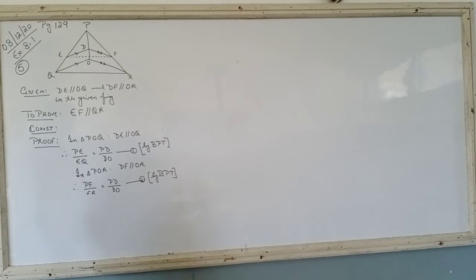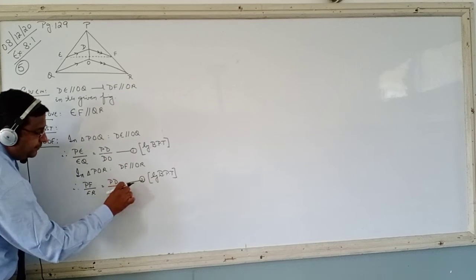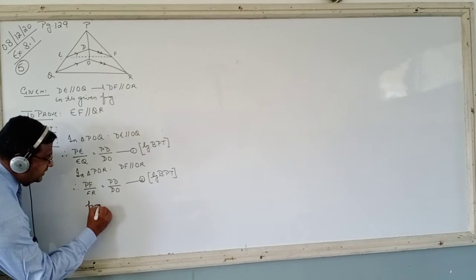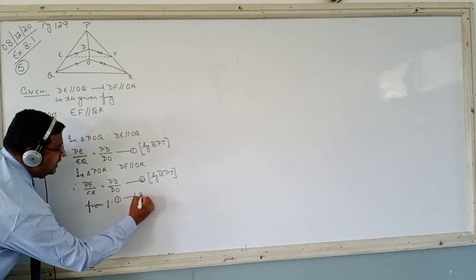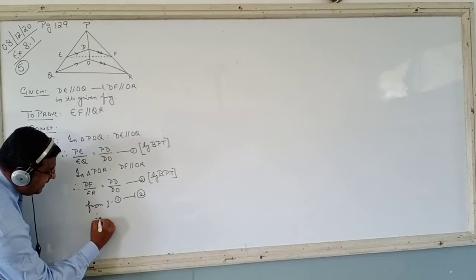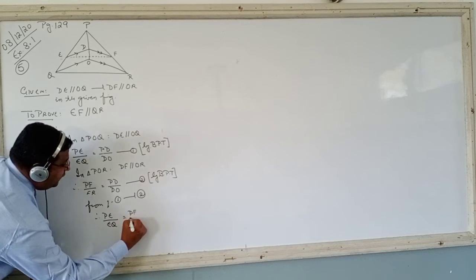From equation first and second, I can see that right hand side is equal. PD upon DQ is equal to PD upon DQ. Right hand sides are equal. So left hand side is also equal. I can say that PE upon EQ is equal to PF upon FR.